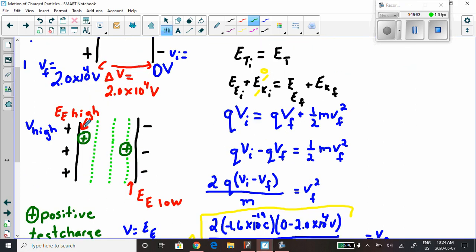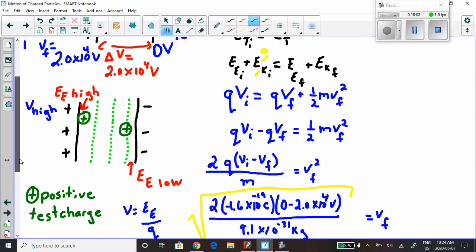So once again, here's my positive plate and here's my negative plate, and I want to investigate voltage. Anytime you want to investigate the characteristics of an electric field or a potential difference, you have to use a positive test charge. Everything is defined by a positive test charge.